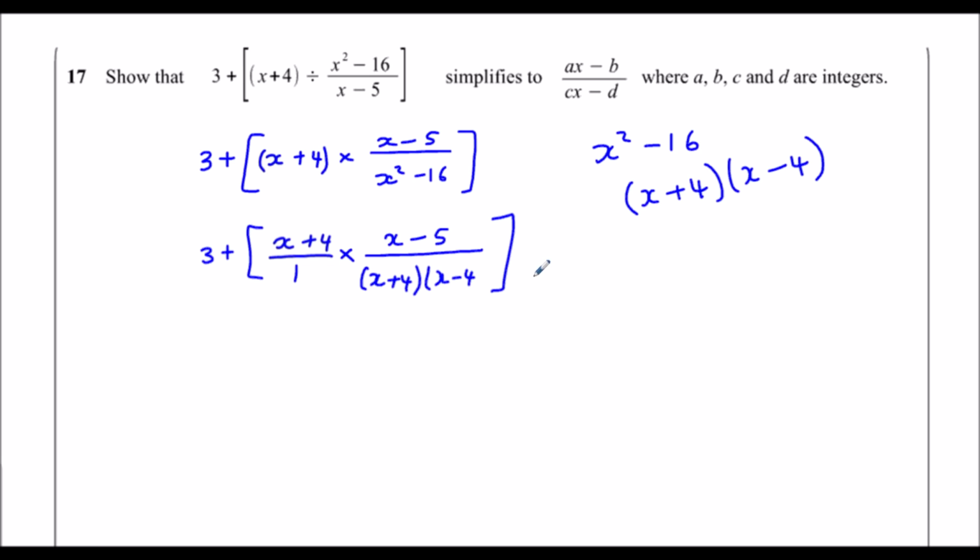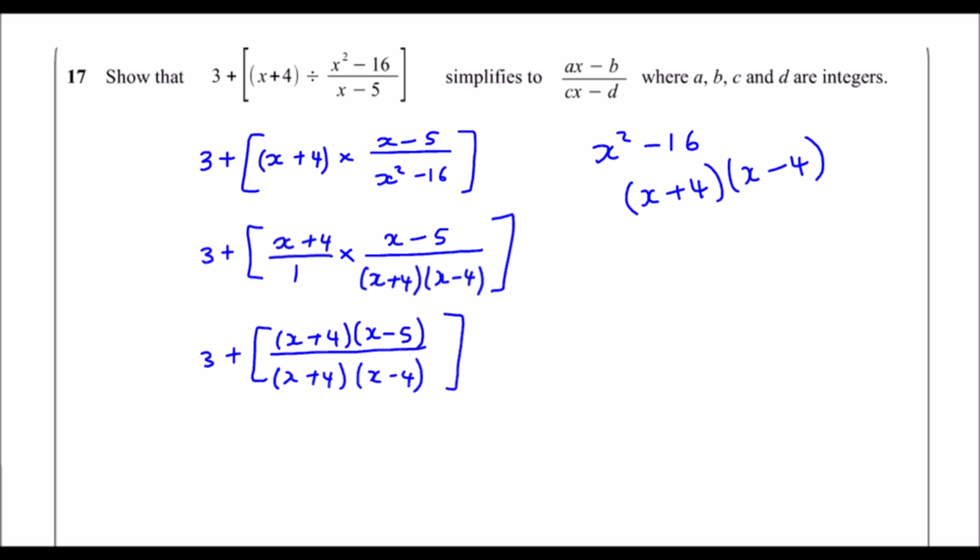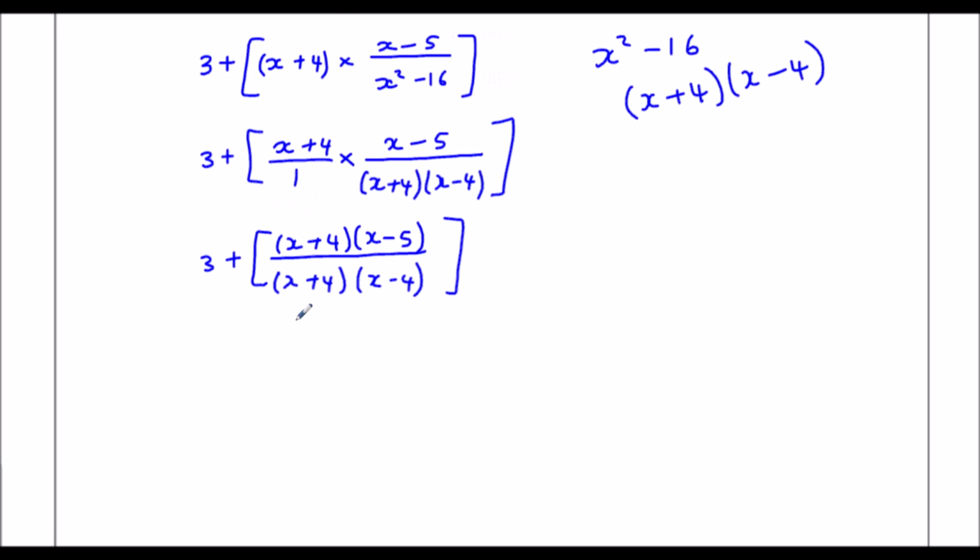So now I'm going to times the top and times the bottom. So I've got 3 plus, then in my bracket, I now have x plus 4 times x minus 5 on the top, and 1 times x plus 4 times x minus 4 is just x plus 4 times x minus 4. Now for this fraction, I've got x plus 4 on the top and x plus 4 on the bottom.